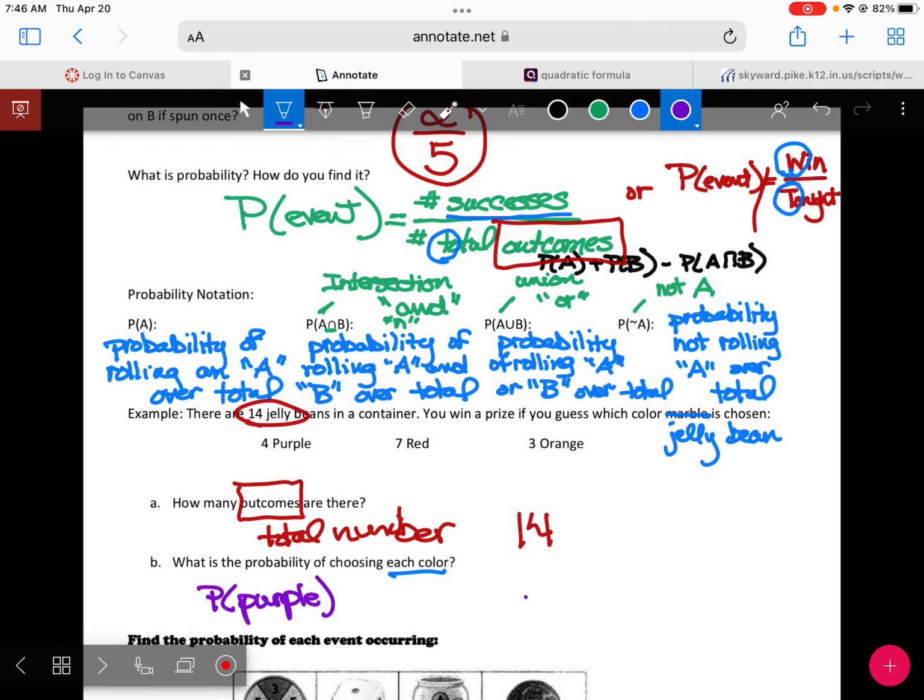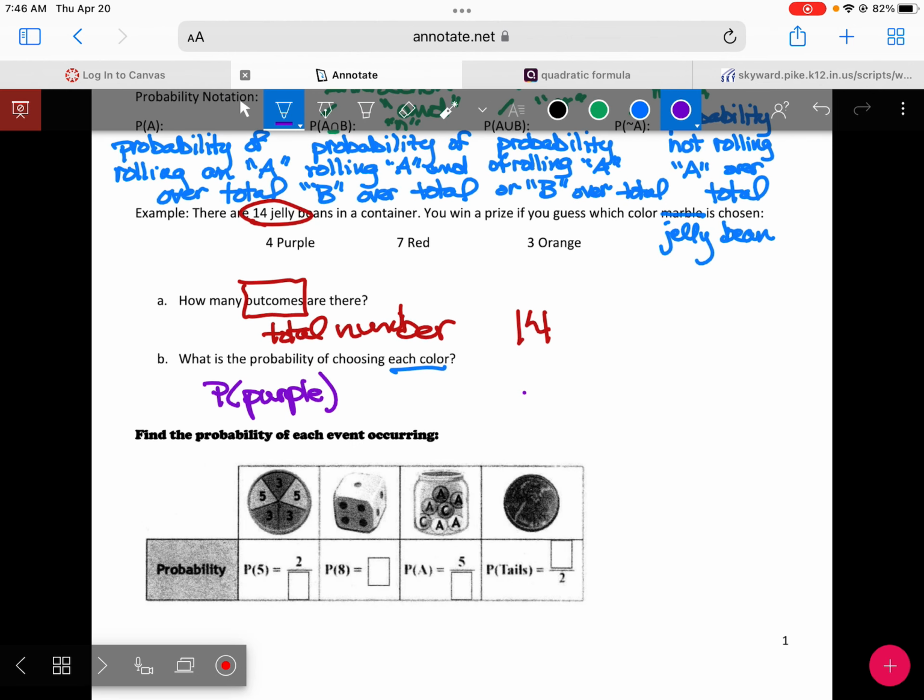Well, if you remember, it's the number of successes. Well, how many do I have in this container? 4. Out of total. What's my total? 14. And then we are going to simplify.